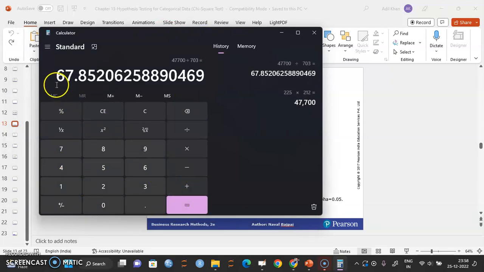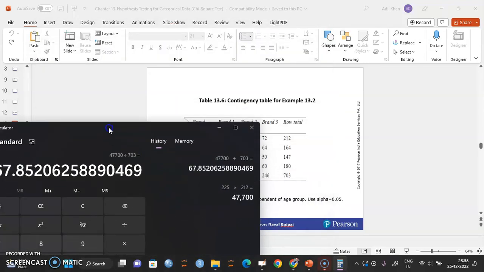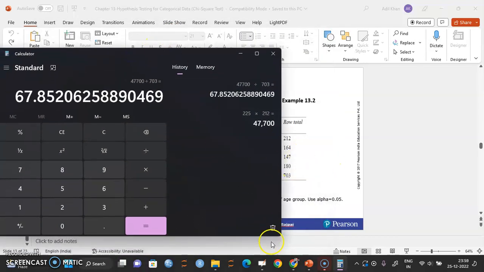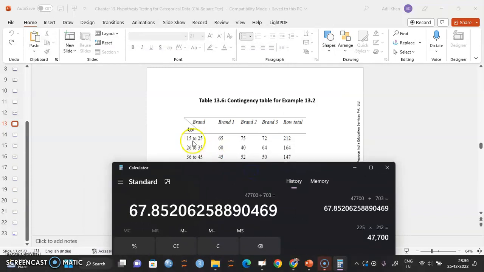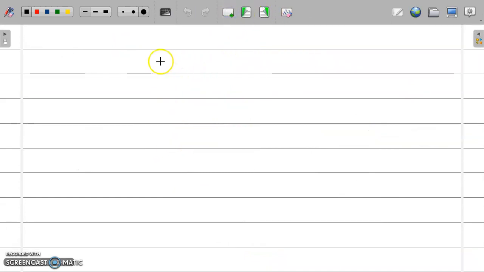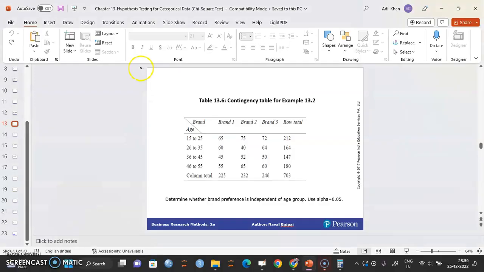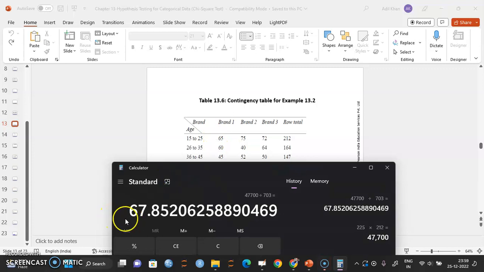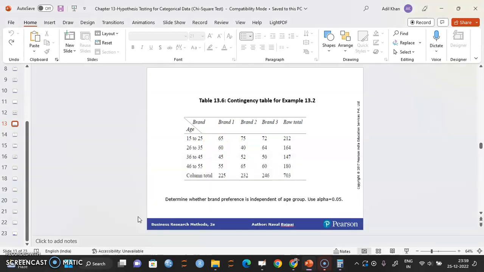So we got the value as 67.85. This value we plug into that formula which we have just written. So let me write it here. The actual frequency is 65, as we have seen in that cell. The value we have calculated on the calculator is 67.85.